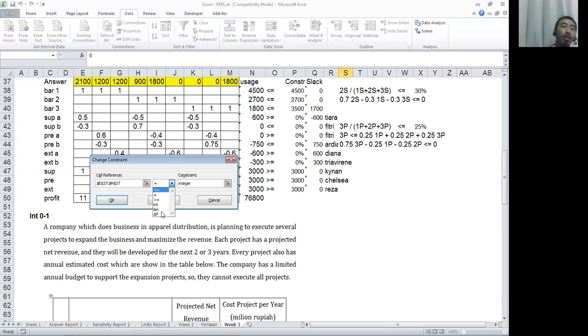After this, my assignment is you try to solve the 0, 1 case using the solver, and the clue is you put this constraint. The answer, the changing variable should be binary. You change it into binary, and that's all. You can just click solve. Any other constraint is the same as usual.